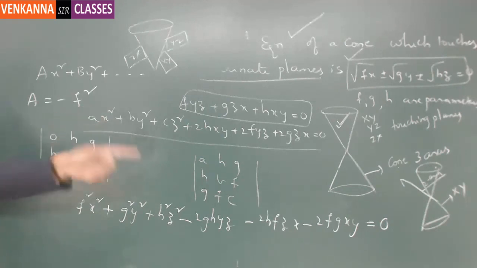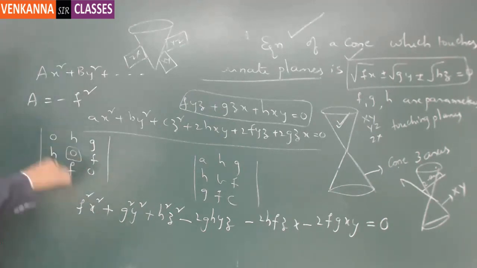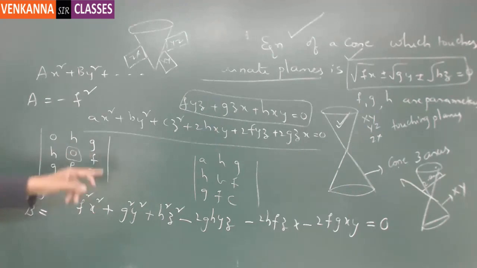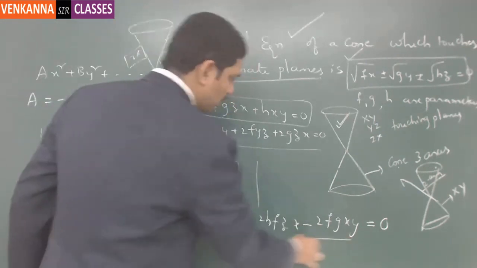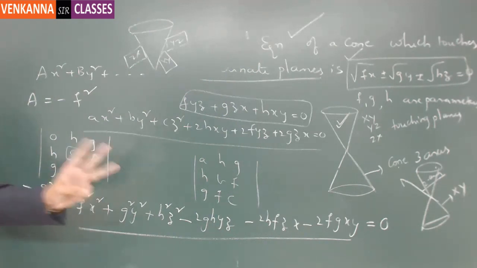Similarly, you calculate all the remaining cofactors. For B, if you consider this position cofactor, closing the row and column, it is nothing but minus g square. Capital B is equal to that. Like that, I am calculating everything here. So multiplying with minus, this is the required equation of the reciprocal cone. So this cone is touched by the three coordinate planes.